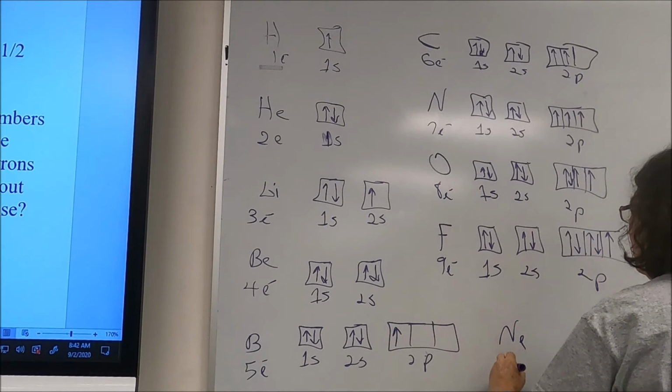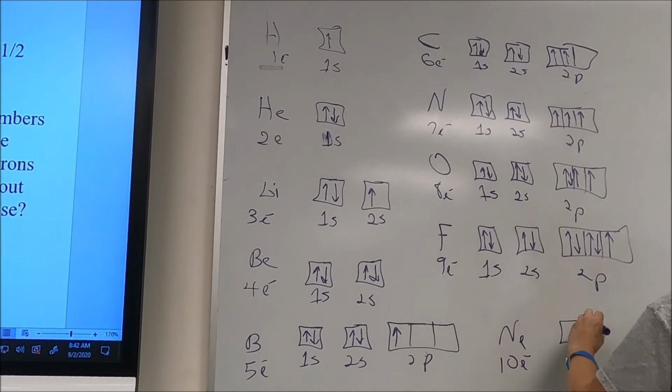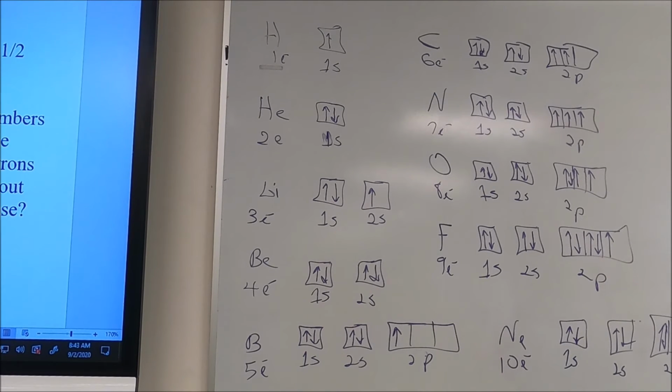And when we get to neon with 10 electrons, I've got 1s that has 2, 2s that has 2, 2p is going to have 6. Neon has no unpaired electrons. That's going to be important in the way that neon behaves. Okay?